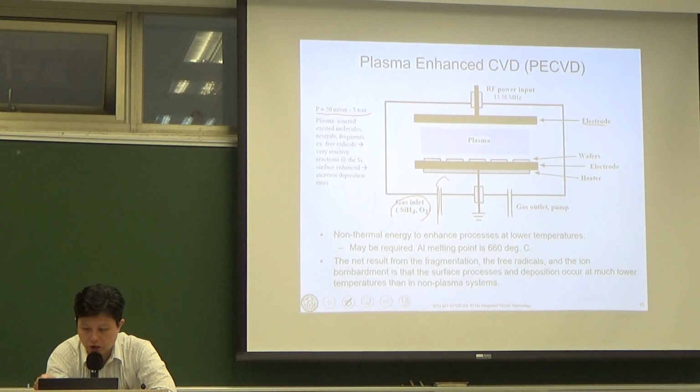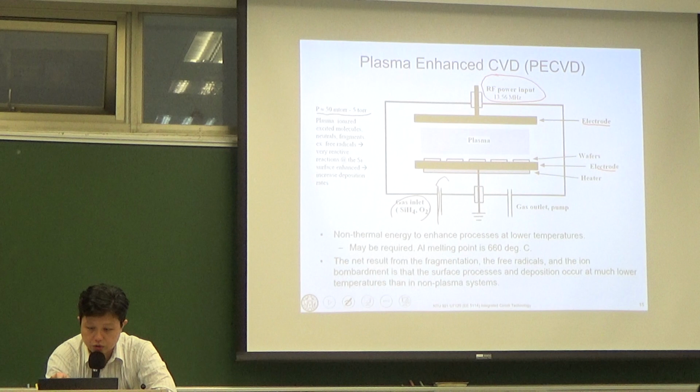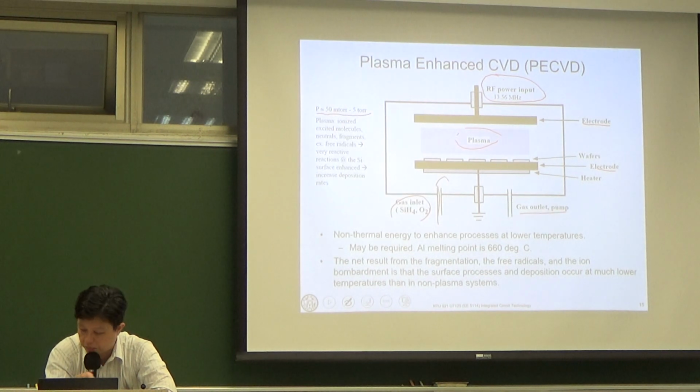We have top and bottom electrodes, and we provide this RF source. Okay, so this RF source can be used to generate or produce this plasma, and this is the gas outlet pump.